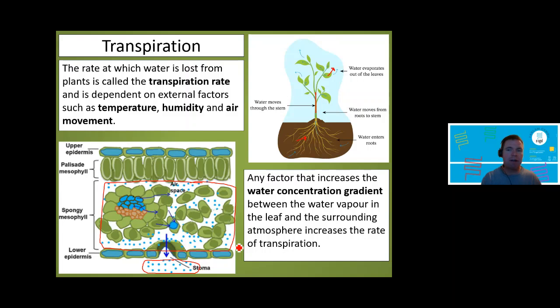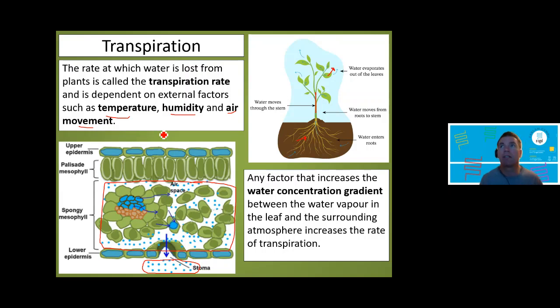And so any factor that increases the water concentration gradient between the water vapor in the leaf and the surrounding atmosphere increases the rate of transpiration. So that's how we determine whether the factors I've mentioned, temperature, humidity, and air movement, affect the transpiration rate.